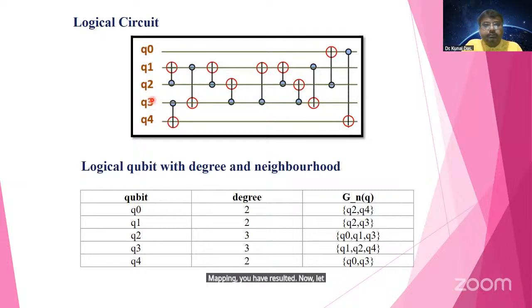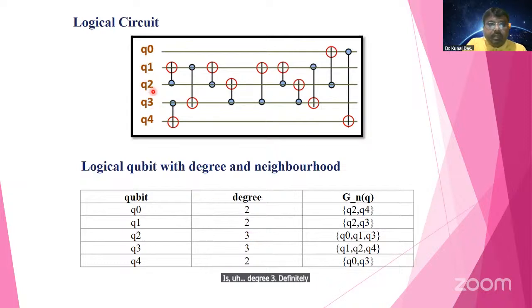Now let us consider this logical circuit. You have Q0, Q1, Q2, Q3, Q4. Now you find that Q0, Q1, Q3, Q4 have a degree, some are 2 and some are 3. Once you have a degree 3, for example Q2, if I am talking about the logical circuit only, how do you come to know that Q2 is degree 3?